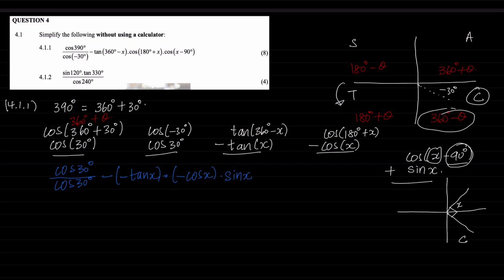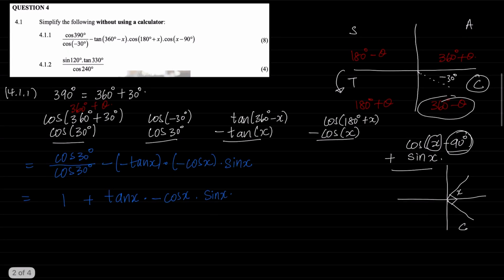Now we know cos 30 divided by cos 30 is 1. So 1, then plus tan x times minus cos x times sine x.